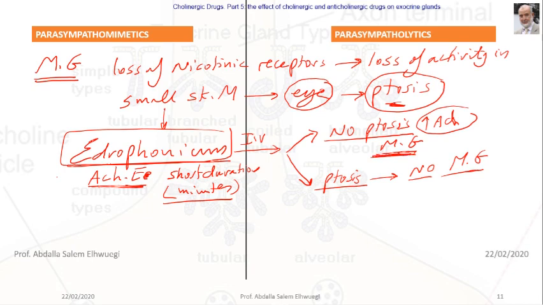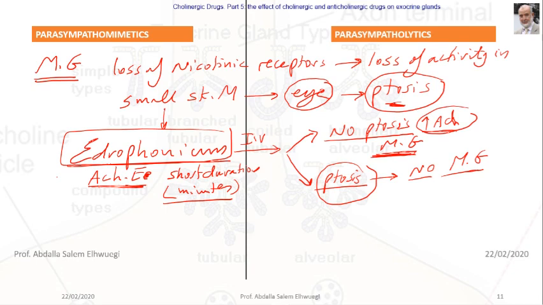Because when we give edrophonium, it will increase the level of acetylcholine in the skeletal muscle of the eyelid, so ptosis will be removed. Otherwise, if the ptosis has not been removed by edrophonium, that means the patient is suffering from another neurological disease other than myasthenia gravis.